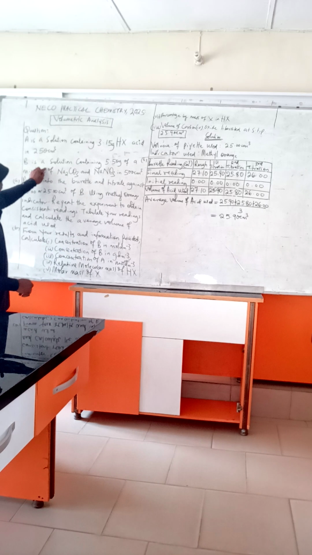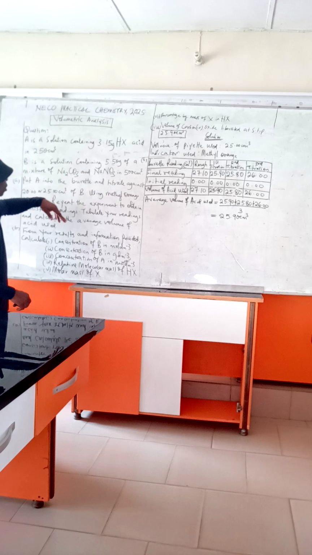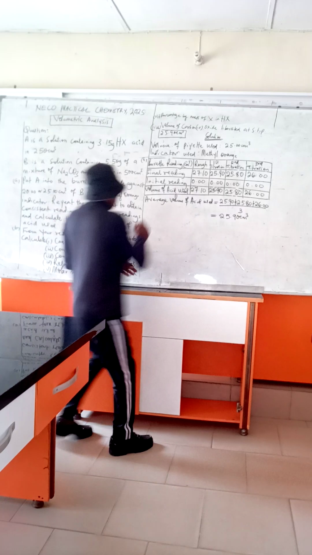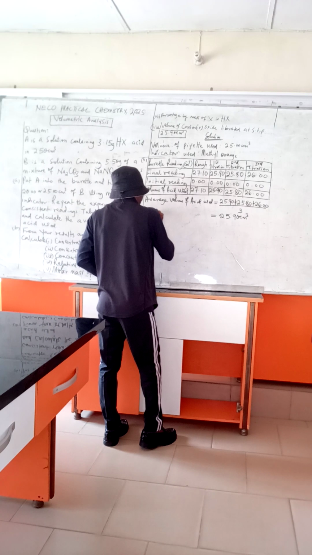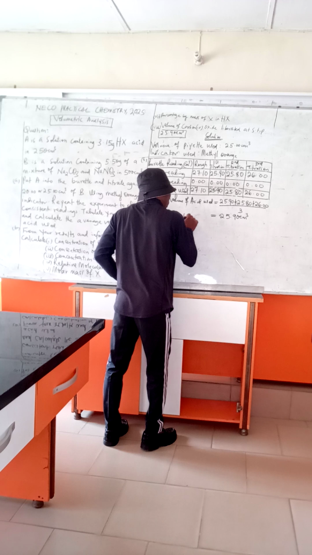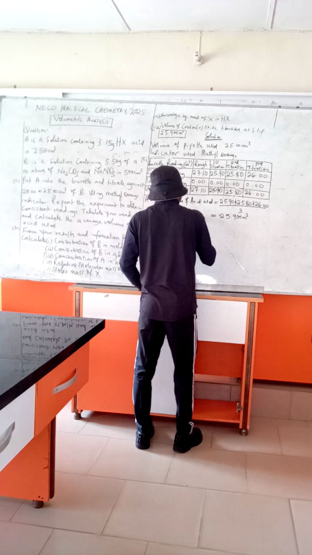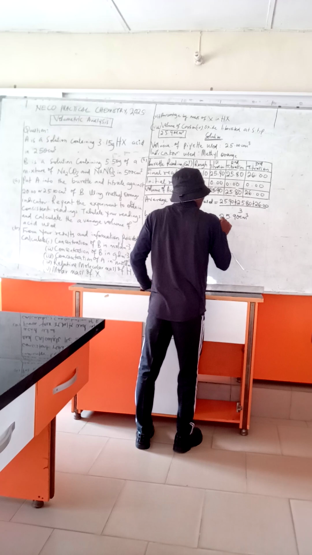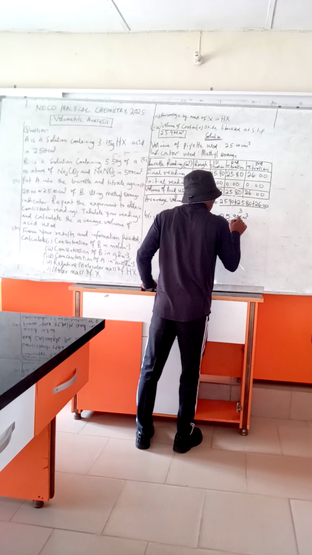If you go back to the question, it says B is a solution containing 5.50 gram of a mixture of this in 500 cm3. Then B I, concentration of B in mole per dm3.